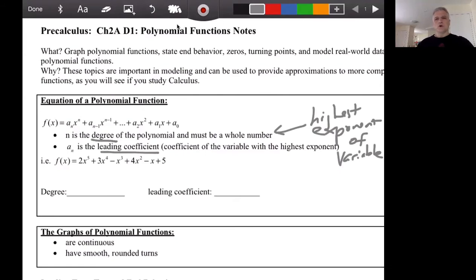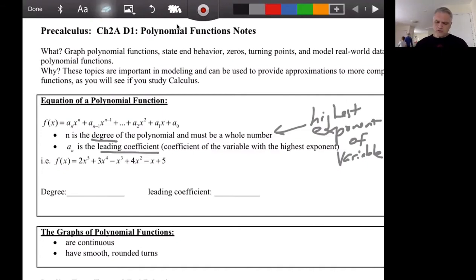So the coefficient of the variable that has the highest exponent, not necessarily the coefficient that comes first, not necessarily the variable that comes first, but the one with the highest exponent, that is the term that's going to determine what our degree and leading coefficient are.